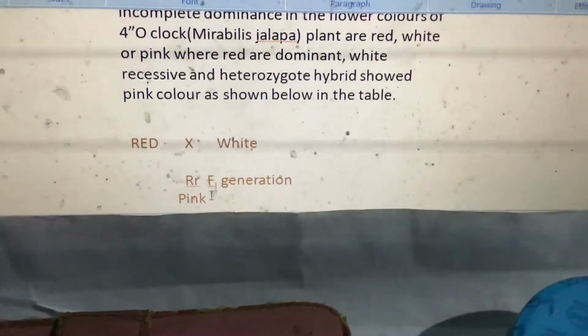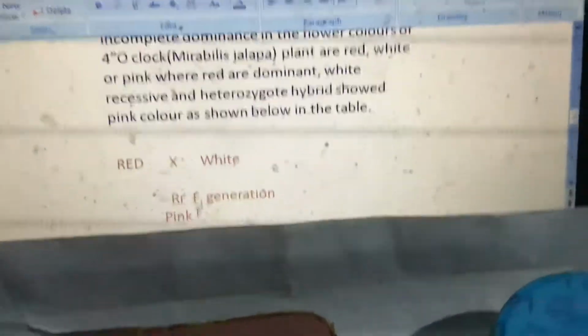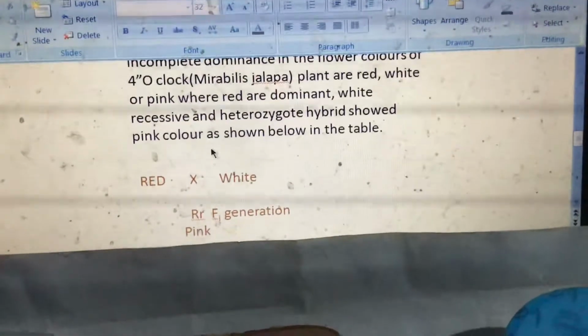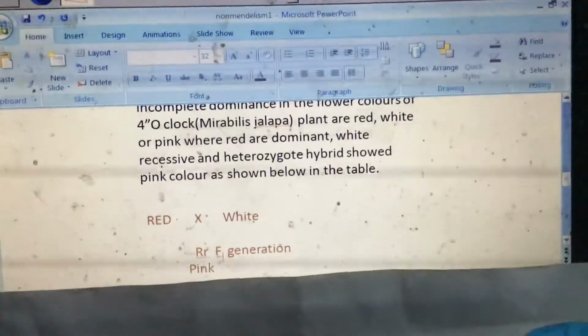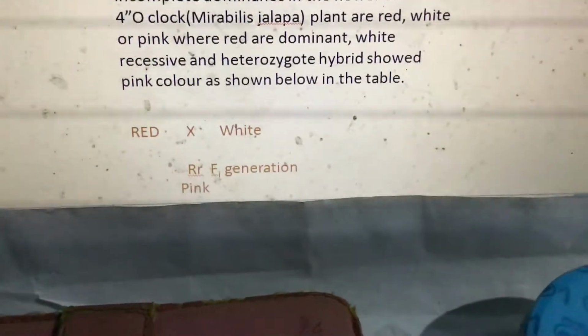So there is incomplete dominance, not complete dominance, as the red plant is not produced. We can see other examples like the tobacco plant, and another plant, the snapdragon, where there is also incomplete dominance.